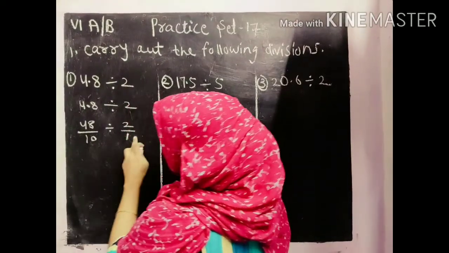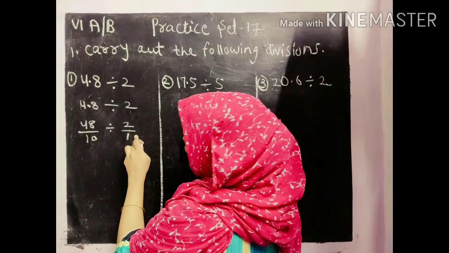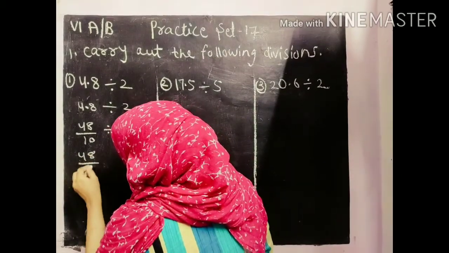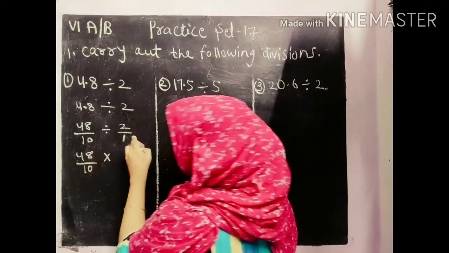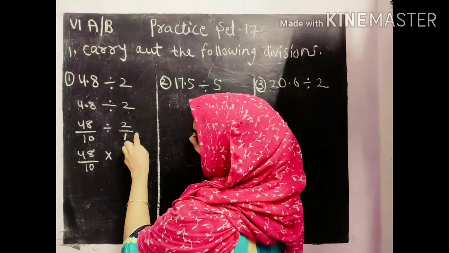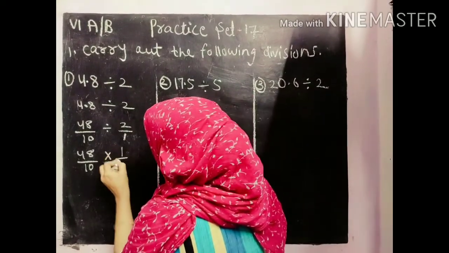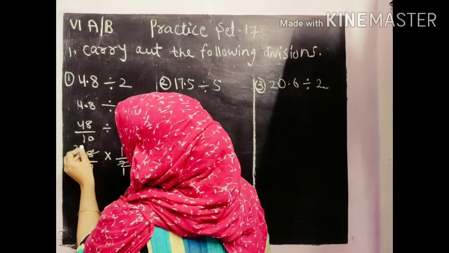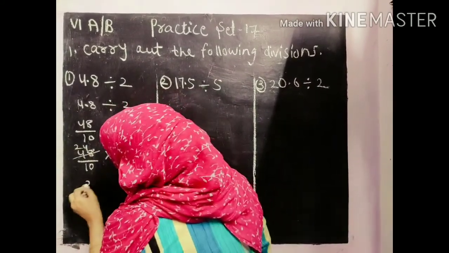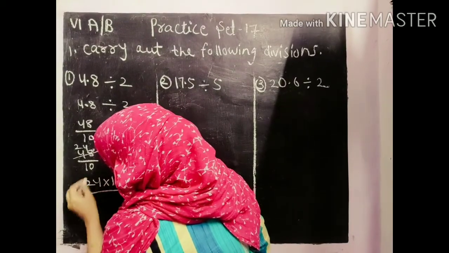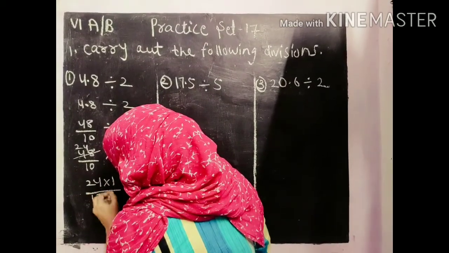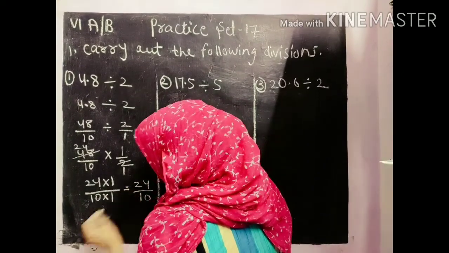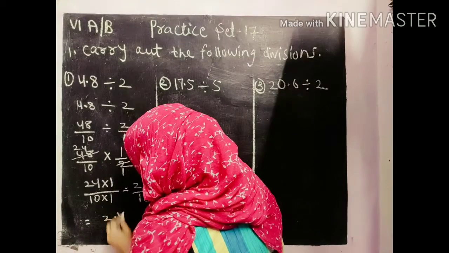Then we will convert this into multiplication: 48 upon 10 into the reciprocal, 1 upon 2. 2 ones are 2, 2 twos are 4, 2 fours are 8. So 24 into 1 and 10 into 1. 24 upon 10, so the answer will be 2.4.